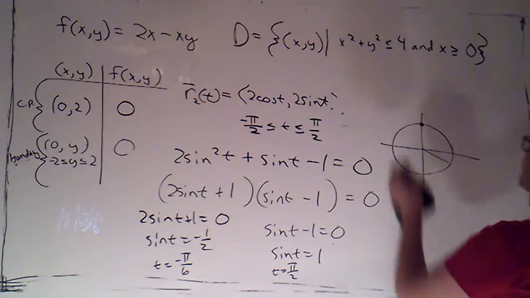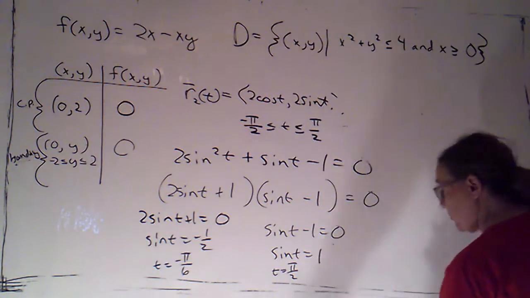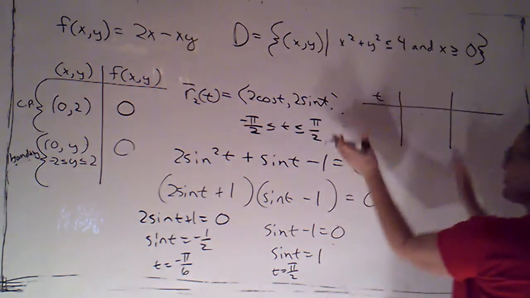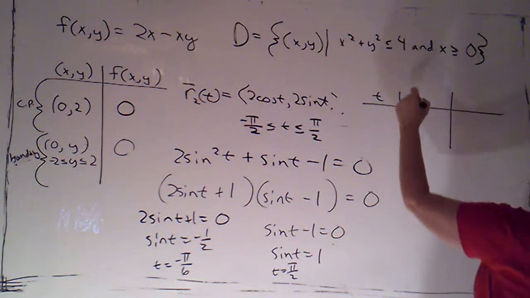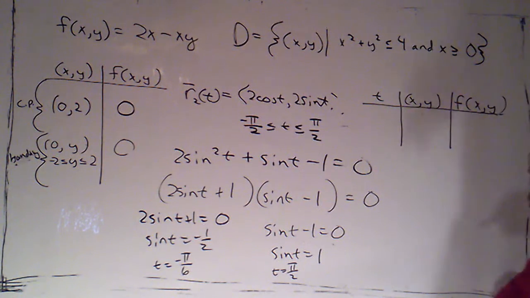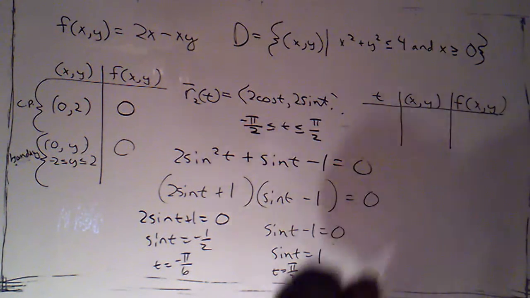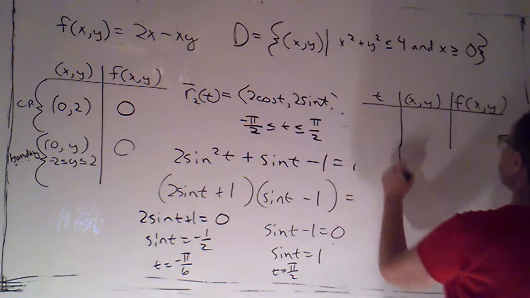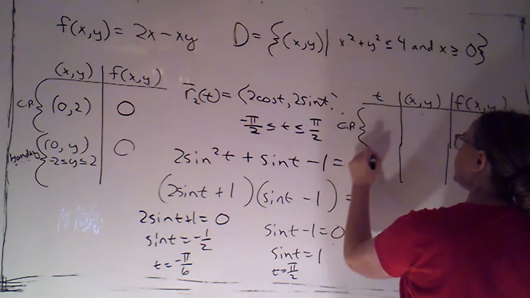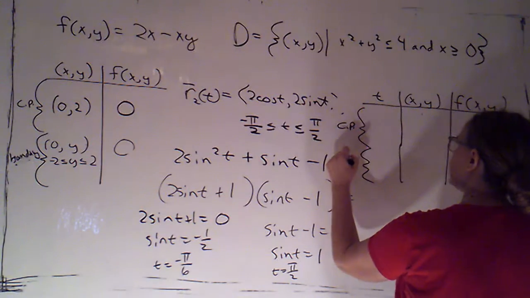Okay, so we have found our critical points. Now what I usually do is for each section of the boundary, I create a little subtable. So I'm going to have t, x, y, and f of x, y. And I want to make sure I indicate that I know I'm supposed to check two types of points: critical points and endpoints.